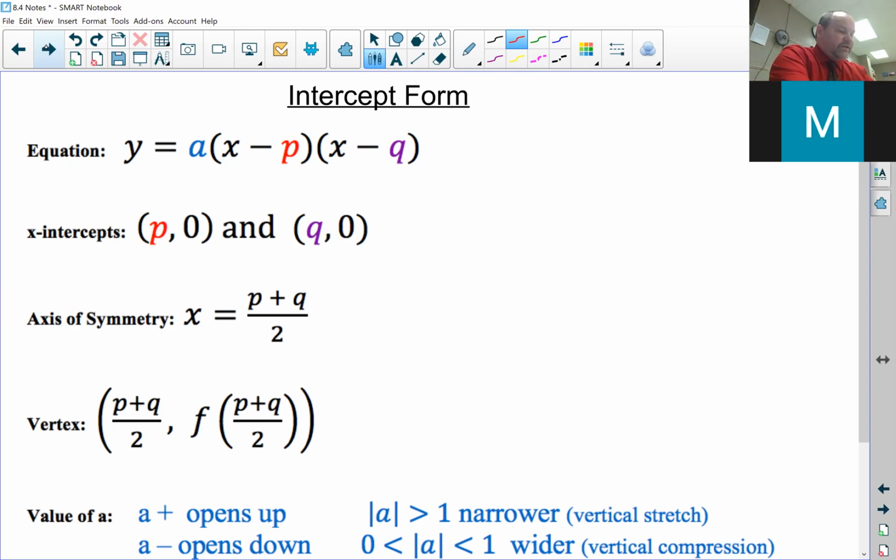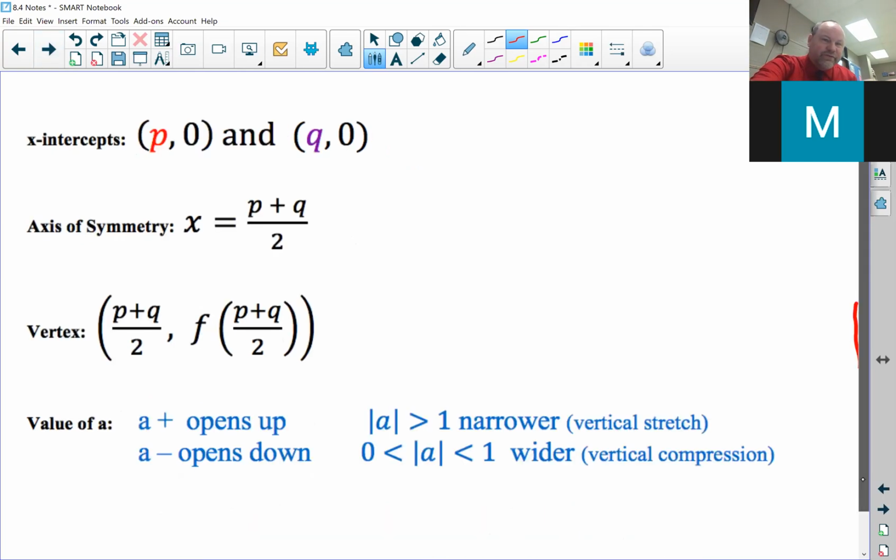Kind of the interesting thing is once you know the X-intercepts, you can find the axis of symmetry. It's the average of the X-intercepts. Take P plus Q and divide by 2. And we can go back and check that if we wanted to with our previous example.